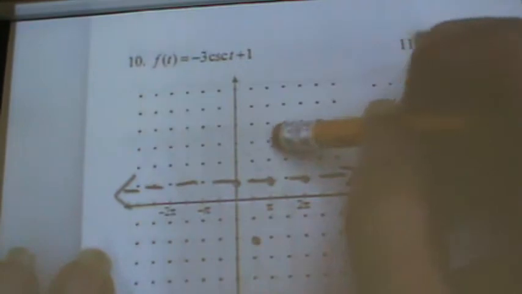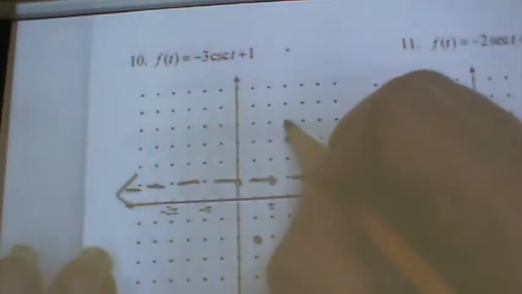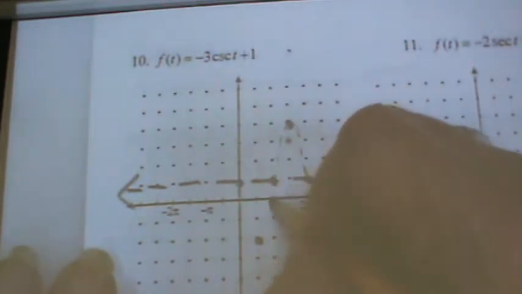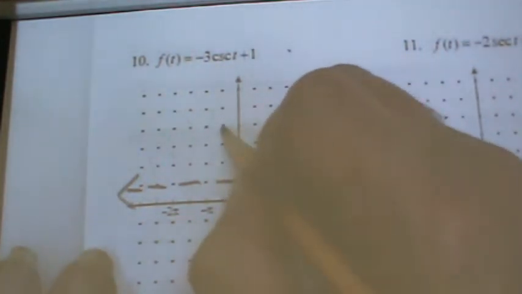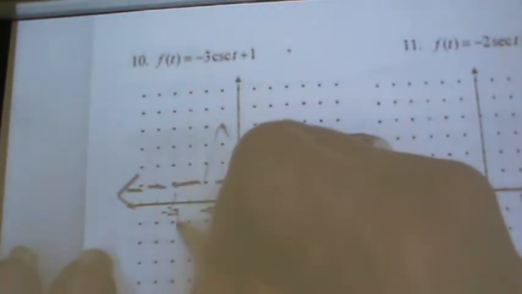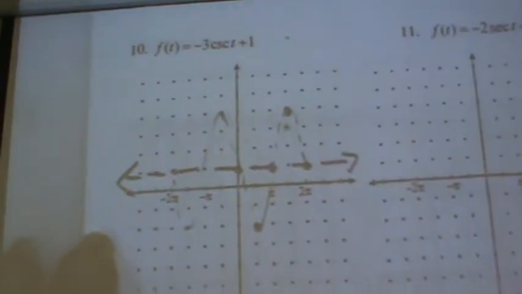Amplitude is 3. So you have your asymptotes.